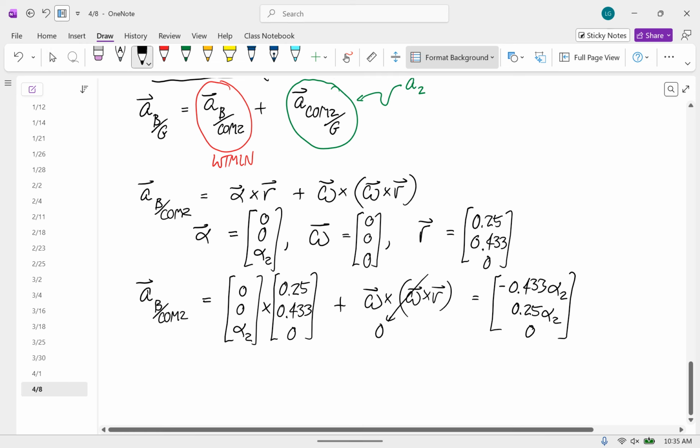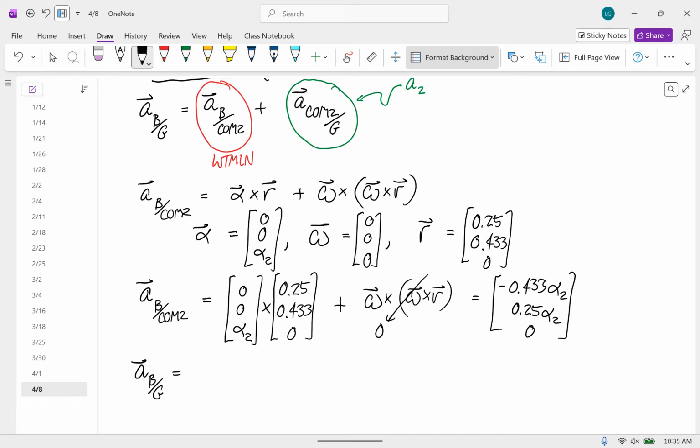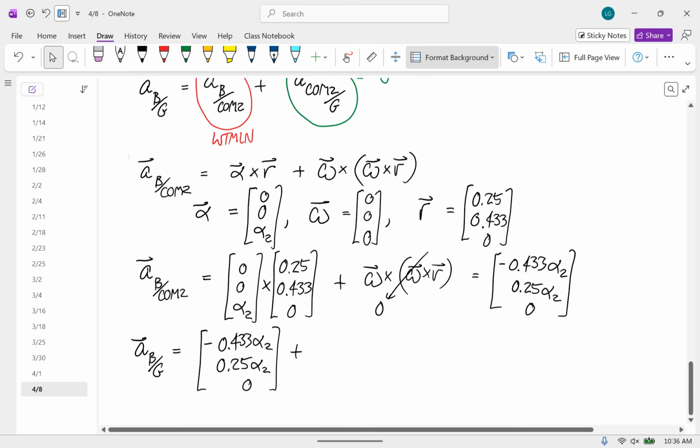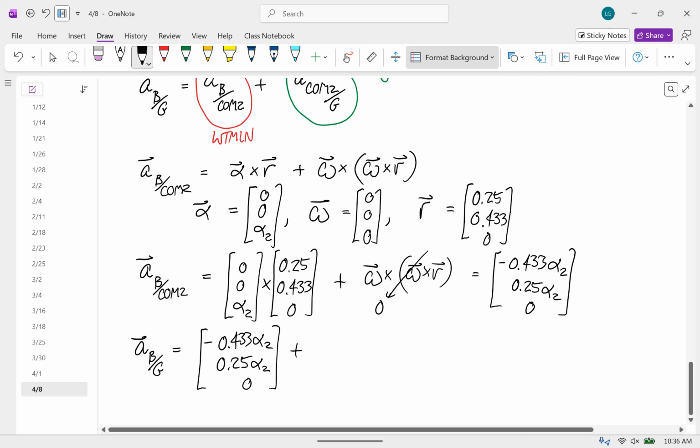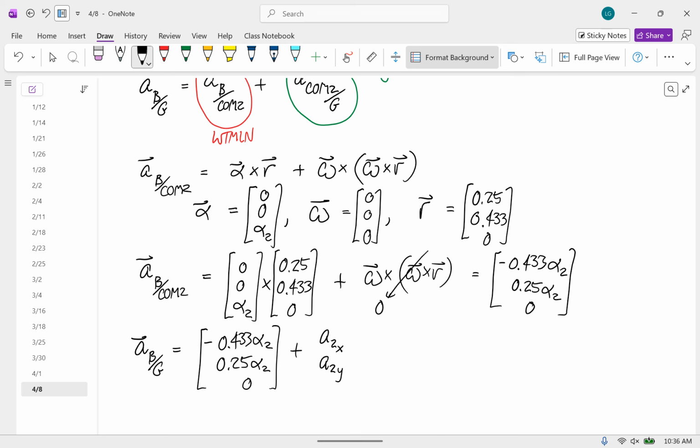And so the acceleration of B relative to the ground is equal to negative 0.433 alpha 2, positive 0.25 alpha 2, 0, plus the acceleration of the center of mass of 2 relative to the ground. That's a2x, a2y, 0.